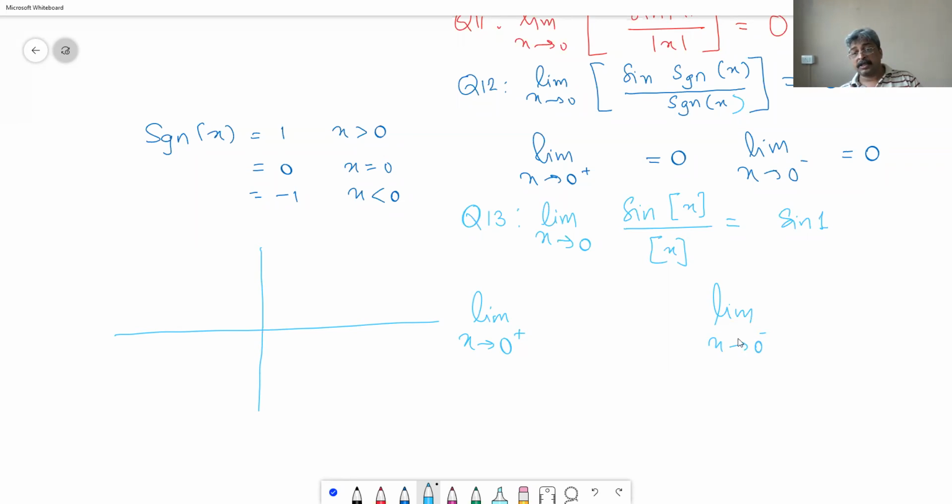Now, if you consider this limit, then it is easy, because if you go near 0 from the negative side, your x is approaching 0, say minus 0.1 or minus 0.009 or something like that. You can always assume these numerical values. And if you put it inside the greatest integer sign, it will throw you to minus 1.